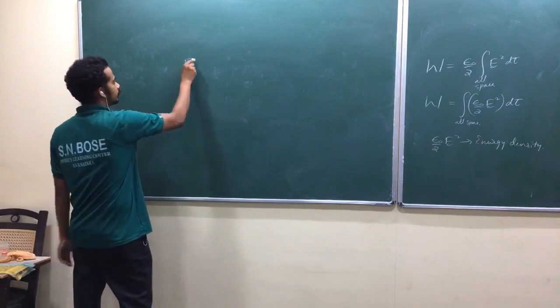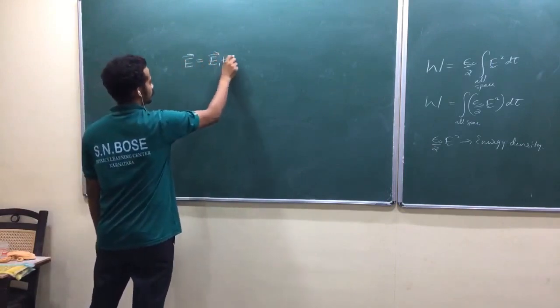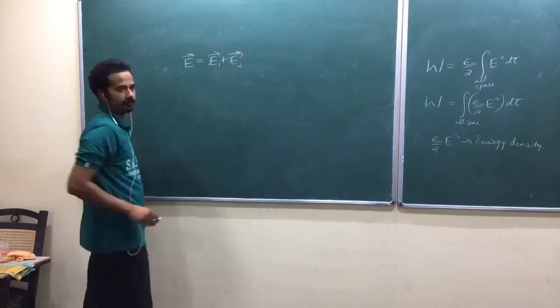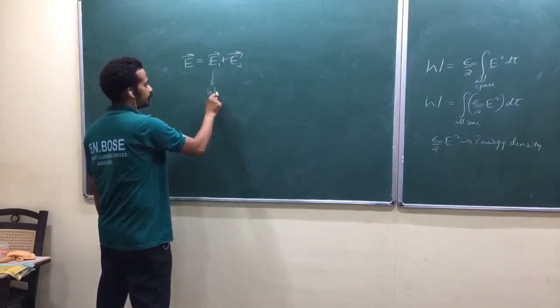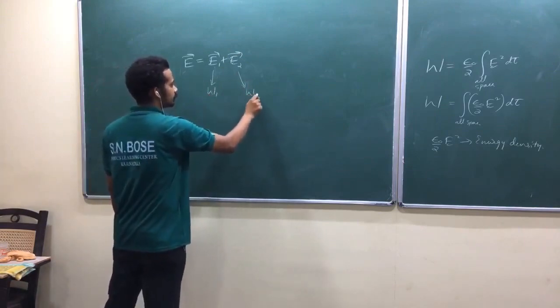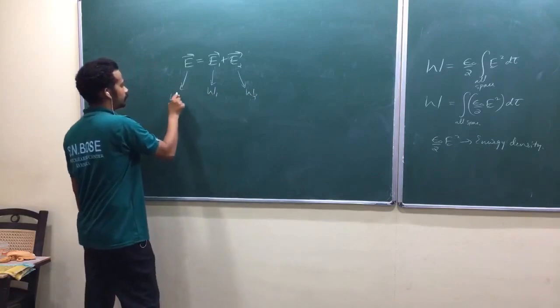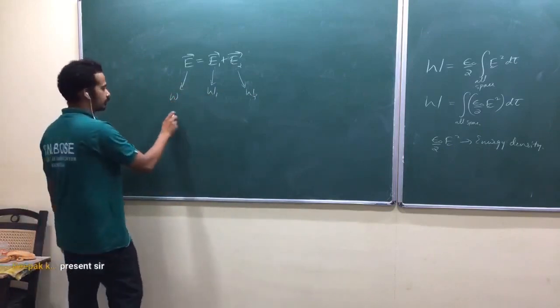Suppose this electric field is a result of E1 plus E2. The field E1 will produce W1 as the energy, E2 will produce W2 as the energy, and the total produces W. Now how are they related? W is not equal to W1 plus W2.